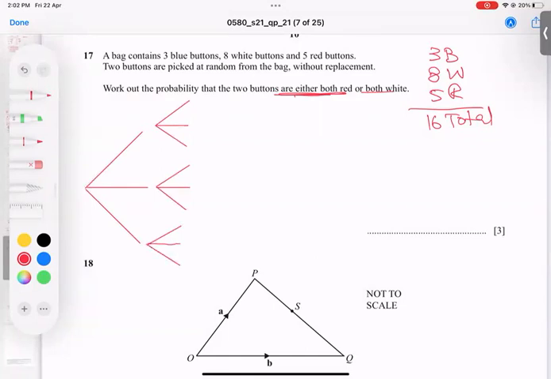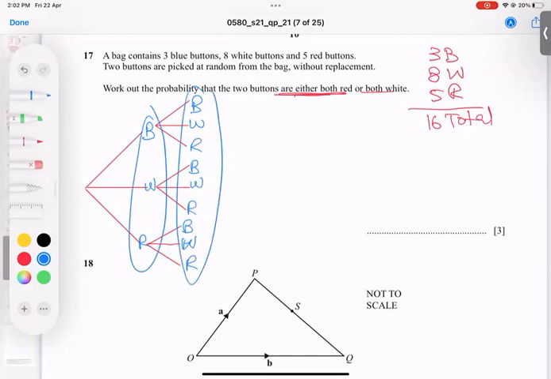So what possibilities do we have? First, because 3 blue, white, and red. So blue, white, and red. Same here, blue, white, and red, and blue, white, and red. This is called button number 1, this is called button number 2. So two options we have.